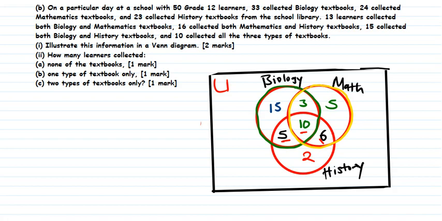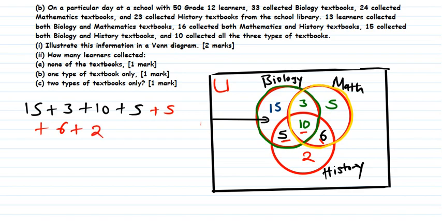So I'll start. If I focus on biology, we have 15 plus 3 plus 10 plus 5. So I've already marked these 4, and then we are remaining with 5, 6 and 2 to be added to the numbers. Okay, so we can add 5, 6 and 2. So let's try to see the total.